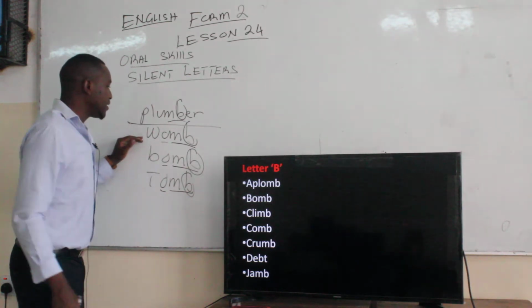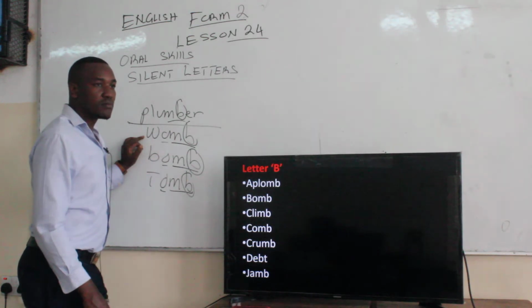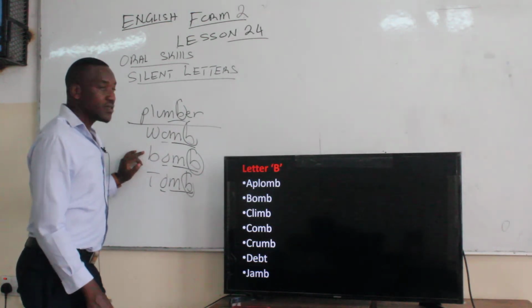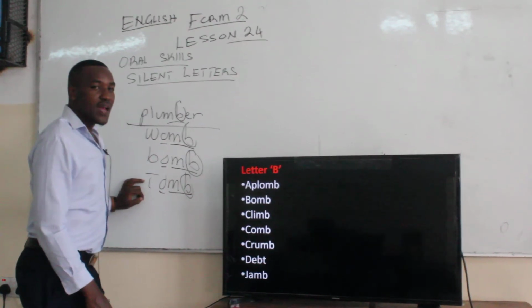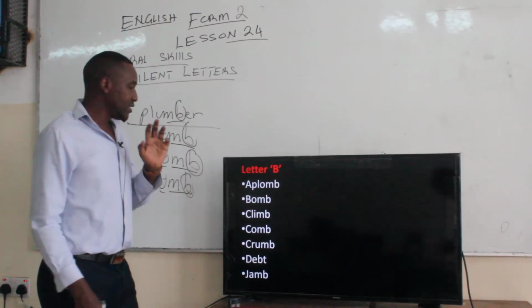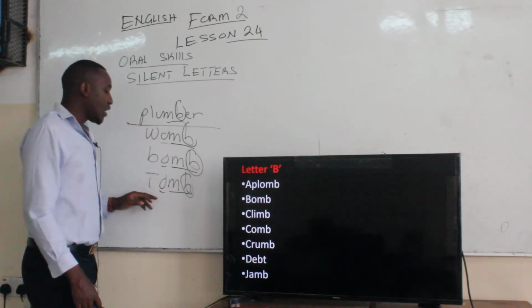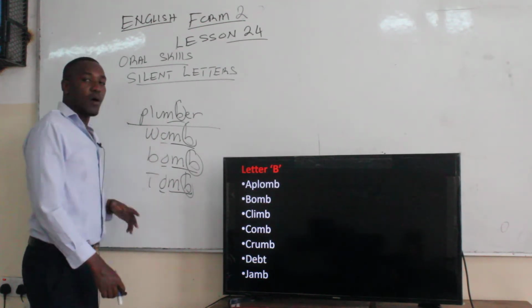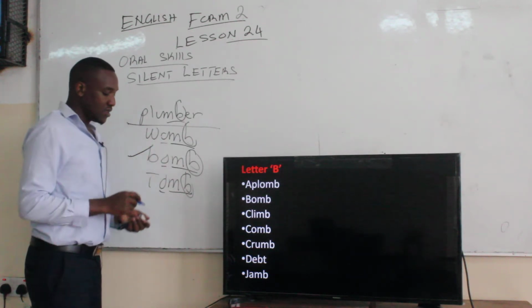We say womb, not warm, womb. And then we've got bomb and tomb. From the pronunciation, you can get that womb and tomb have the same vowel sound, while bomb has a different sound. So that is the odd one out.